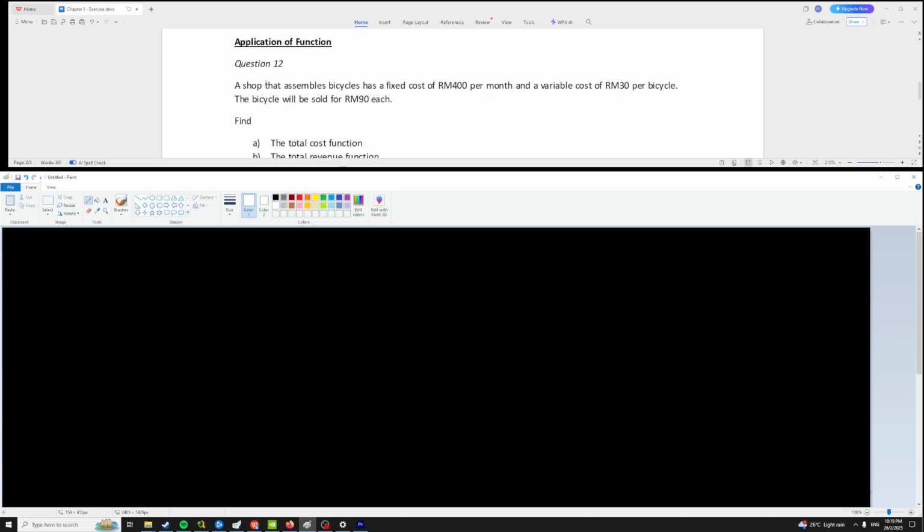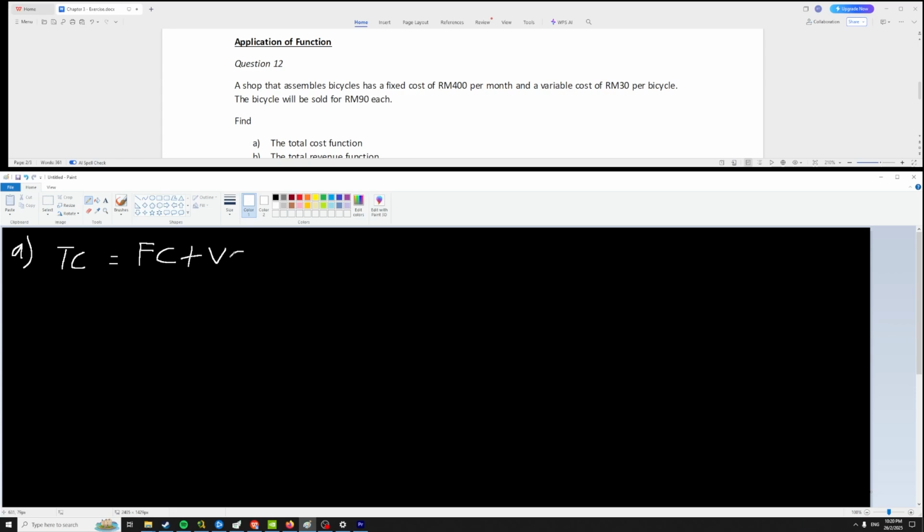So question number 12, total cost function. Total cost, represented by TC, equals fixed cost, which is 400, plus the variable cost.